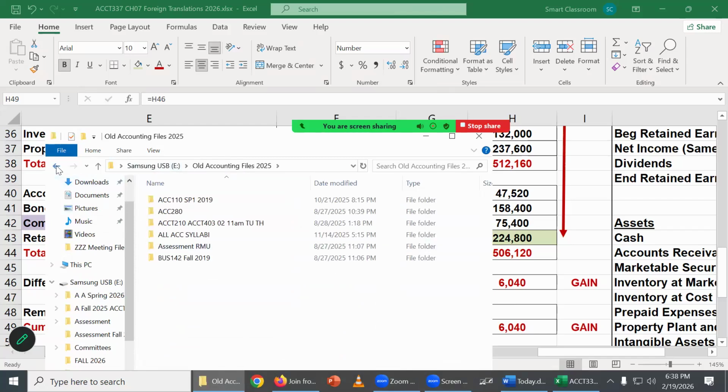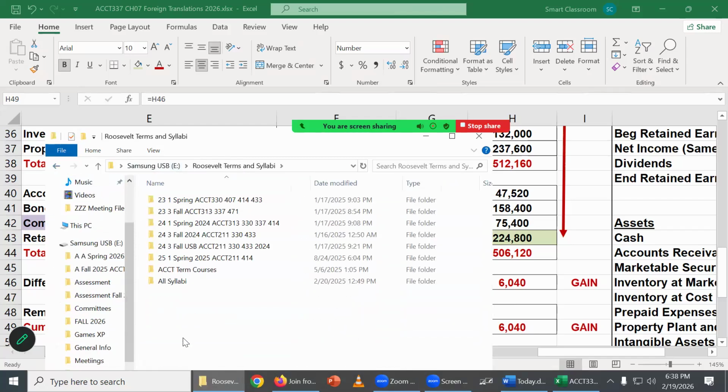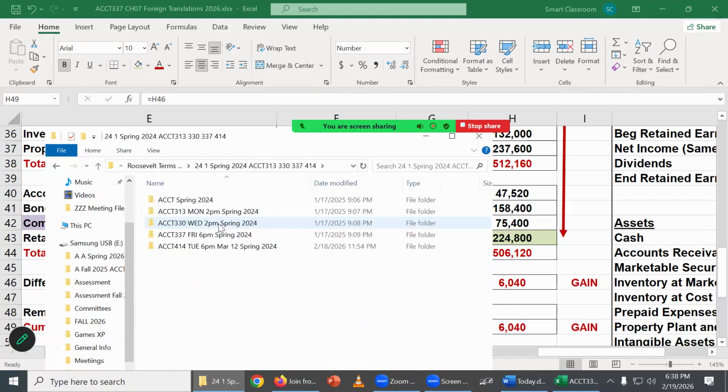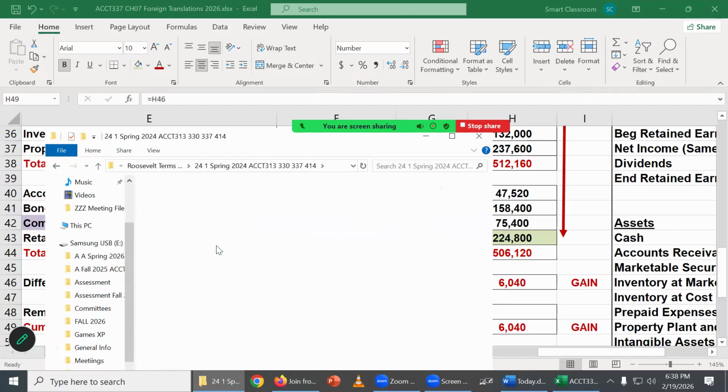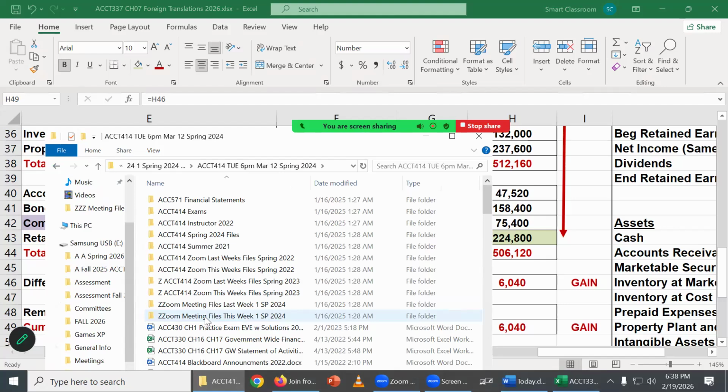Oops, that's not even close. I think it's 414? Four fourteen, what it would look like.